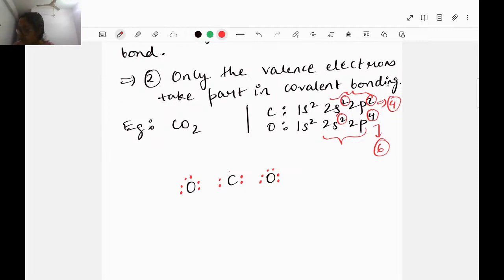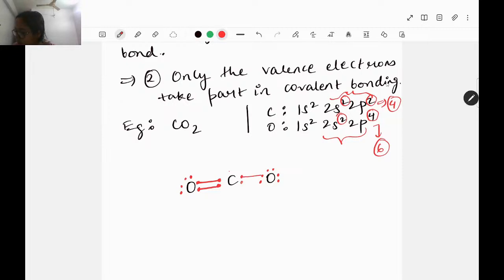So it covalently bonds with the neighboring carbon atom. Once it does that, you can see that it is sharing its own pair of electrons, and in turn also taking carbon's electrons along with it. The same thing happens on the right hand side as well.